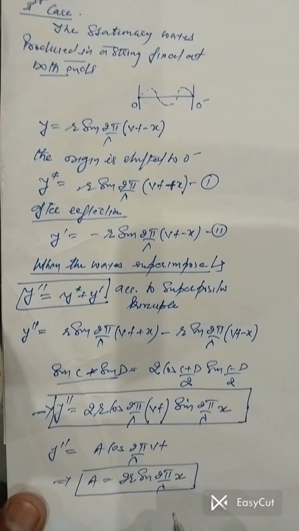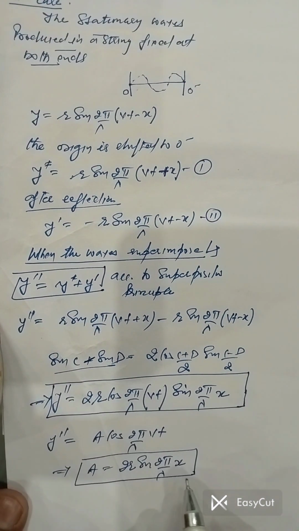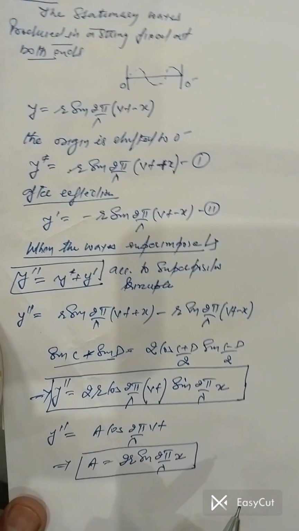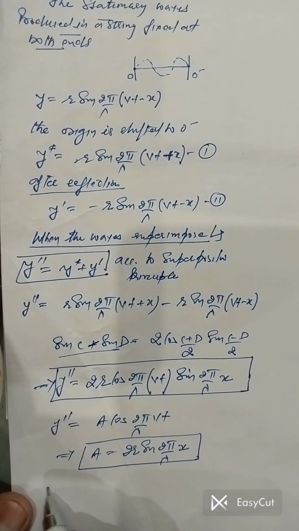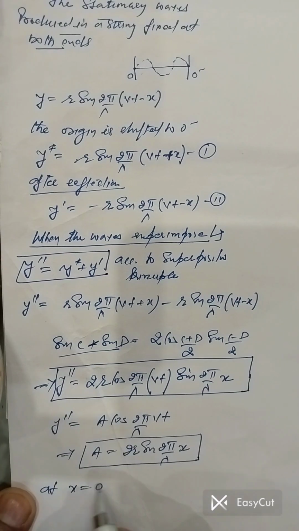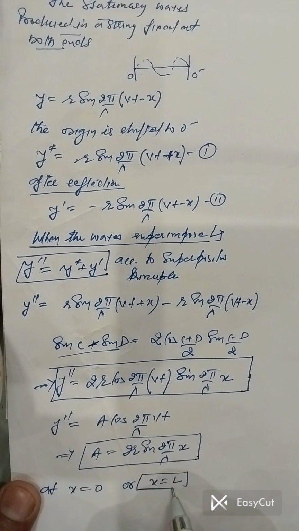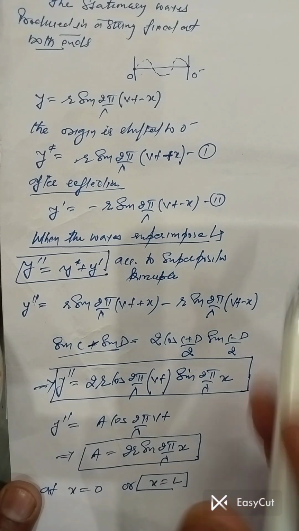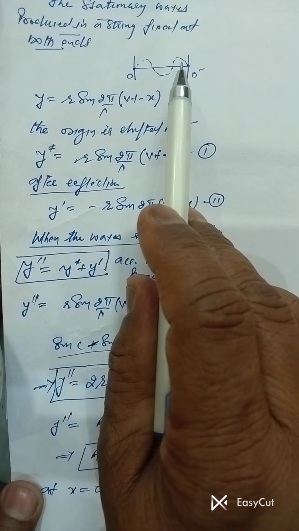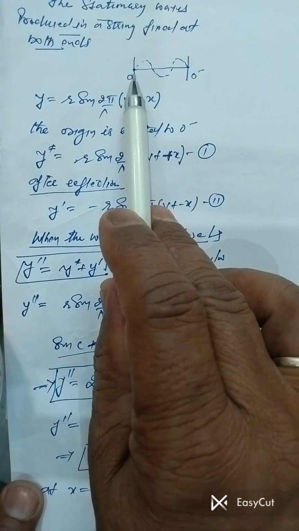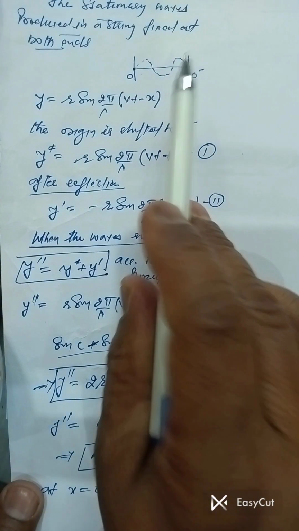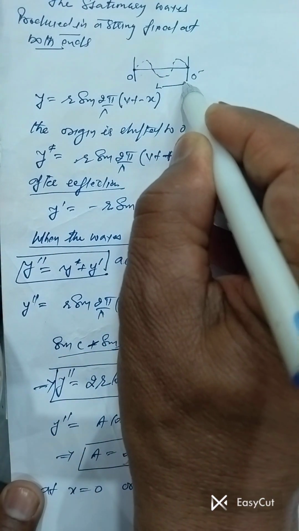So it is a case of two waves which are moving in the opposite direction. So it is clear that at x is equal to 0 or x is equal to L at both ends, this is very important. If you see the figure, x is equal to 0 and x is equal to L, means complete length of the wire.